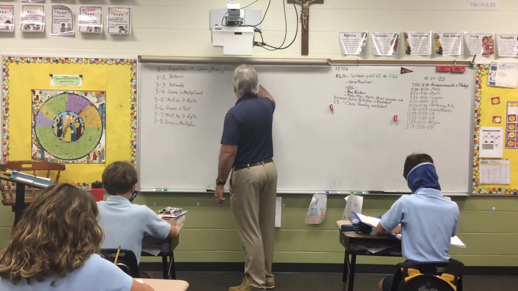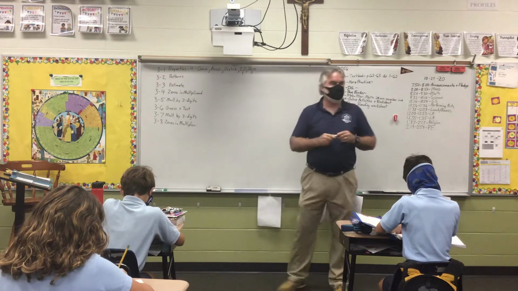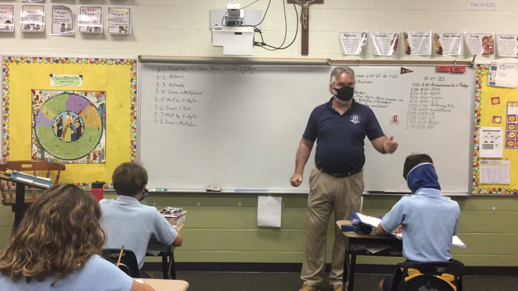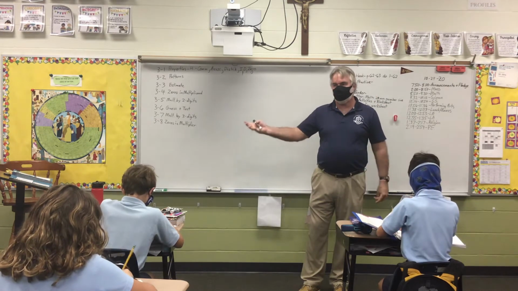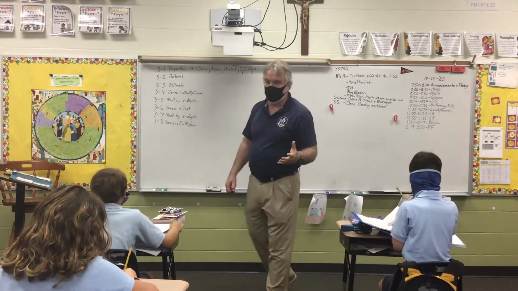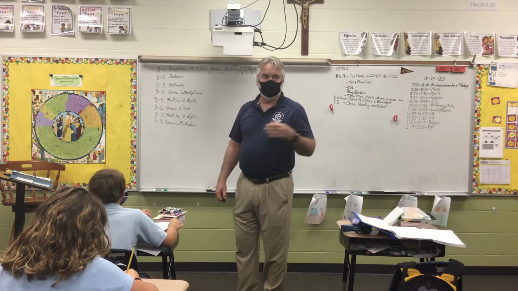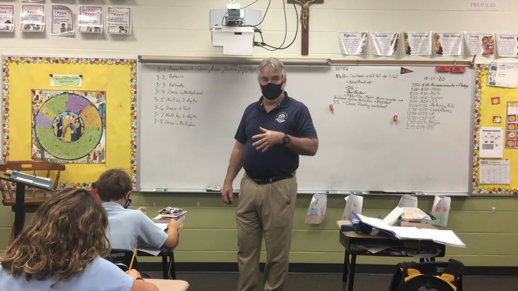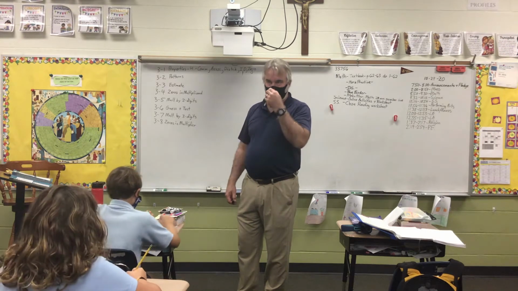This is the one. One times anything is anything. Anything times one is still anything. In other words, if you have 9 times 1, it's 9. If you have 1 times 9, it's still 9, okay?